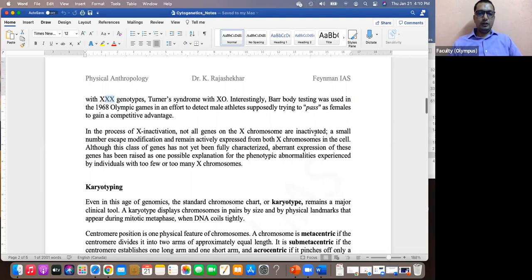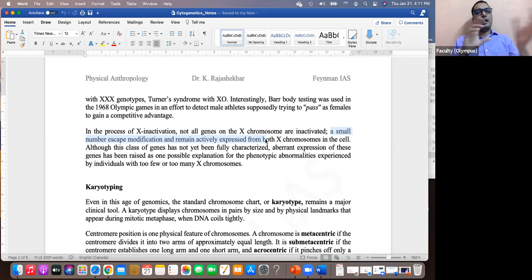So they say that although the X chromosome gets inactivated, not all the genes on the X chromosome are inactivated. A small number of the genes escape this type of modification. And we don't know which ones. There is no selection. Sometimes students may ask this question: which chromosome gets inactivated? We have father's X chromosome and mother's X chromosome in a female. Which one gets inactivated? There seems to be no priority to that.